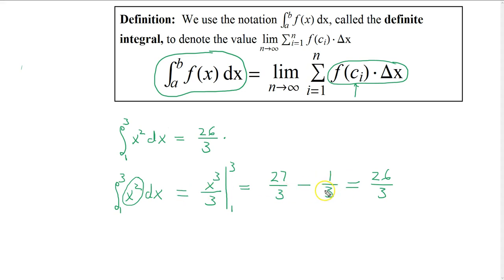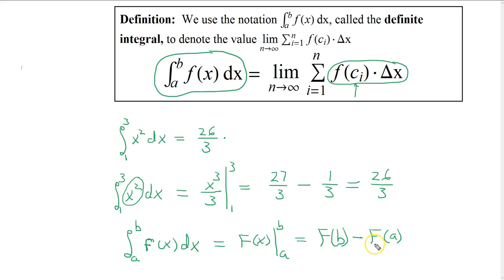Is this a coincidence? No. This is actually what the fundamental theorem of calculus states. The fundamental theorem of calculus makes the statement that the definite integral from a to b of a function f of x dx is the antiderivative of little f, capital F, evaluated from a to b, meaning you take the antiderivative, put the b in for the x, put the a in, and subtract those two numbers.